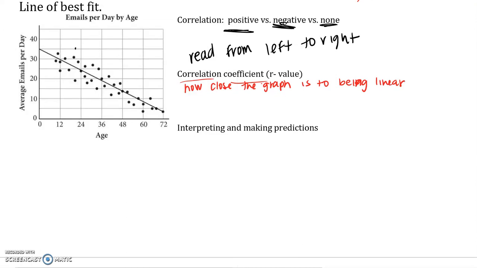If your graph has a correlation coefficient that's close to 1 or negative 1, that means you are close to being a line.